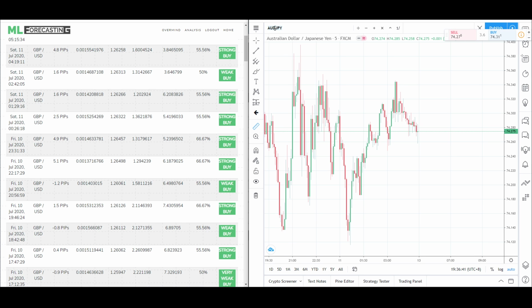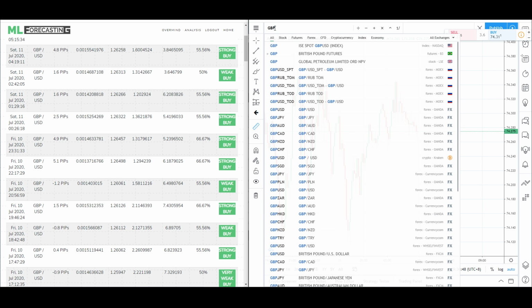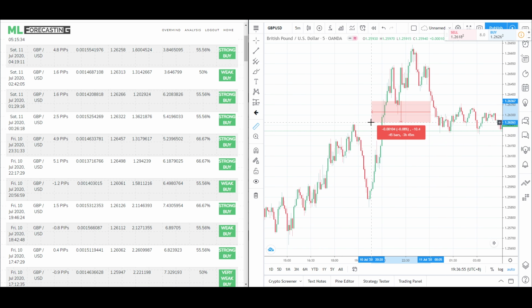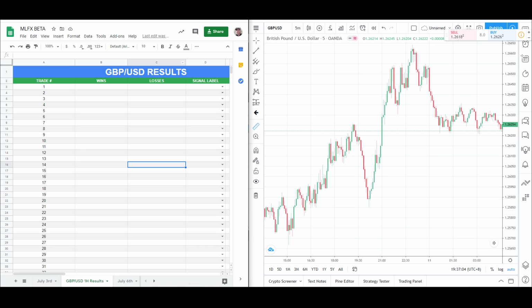I'm so used to using Photoshop and things where you push space to then drag things across. GBP, USD. There we are, Oanda. So that's one loss, and that would be our first trade here. And that was a very strong signal, wasn't it?